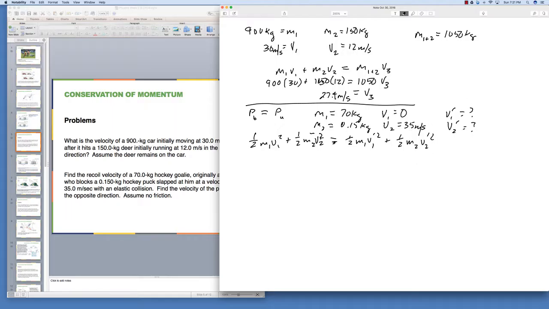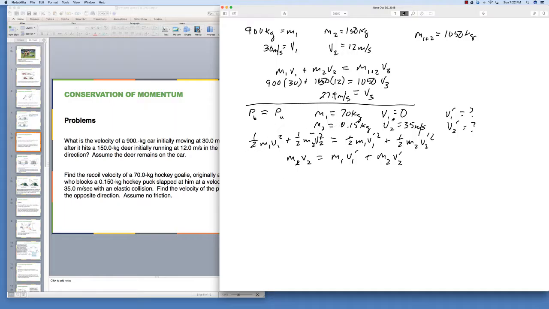Okay, so now you have that equation plus the original, which is that the momentum of the hockey puck, and you don't have to worry about the momentum of the guy because he ain't moving, has to equal the momentum of the guy after the collision plus the momentum of the hockey puck after collision. So you have two equations and two unknowns.